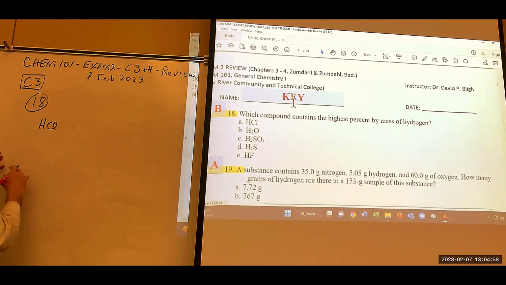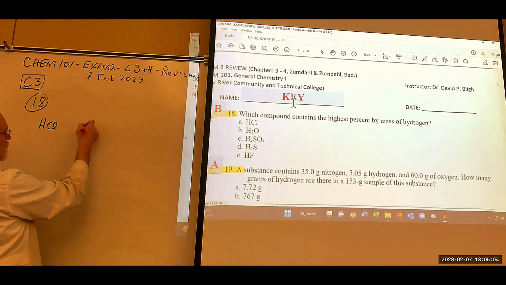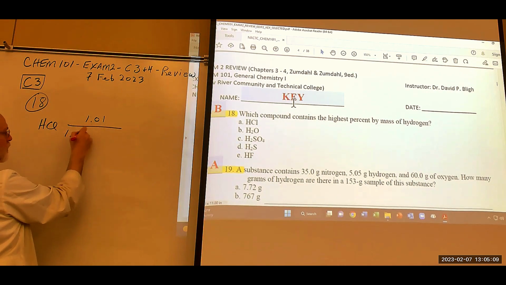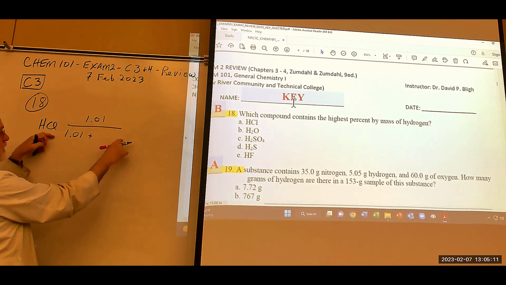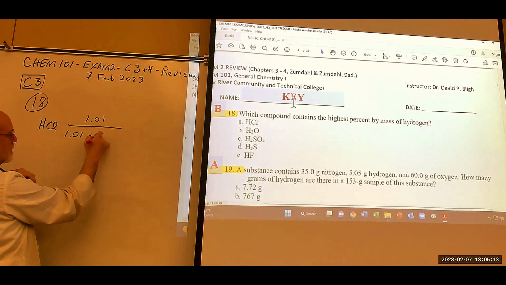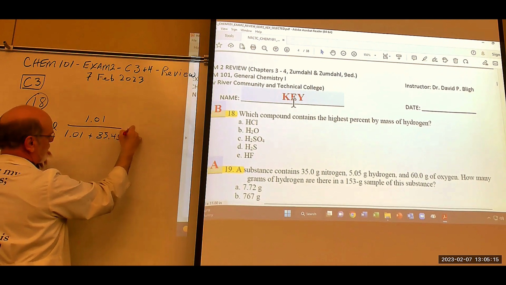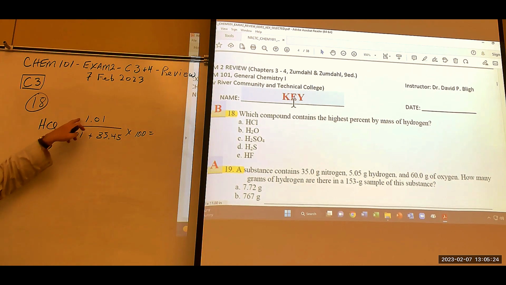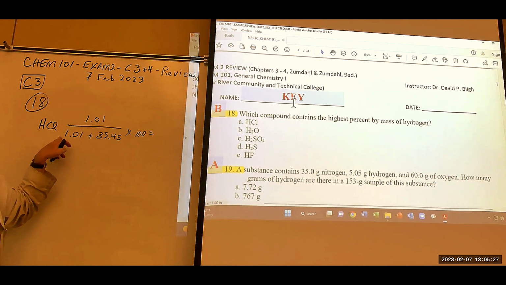If you're going to do HCl and find out percent by mass of hydrogen, it's 1.01 on top and 35.45 plus 1.01 on the bottom, because this is the total and this is the amount of hydrogen, right? Times 100, and whatever that value is. Do that for each one of them. If you have 2 hydrogens, you better put a 2 up there, and you better put a 2 down here. Oh, and that's the highest percent, that's why you did times 100.